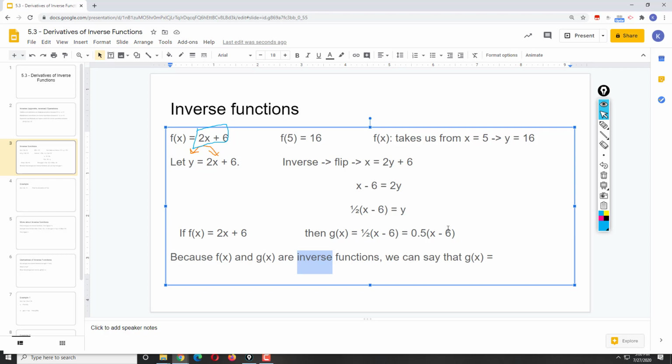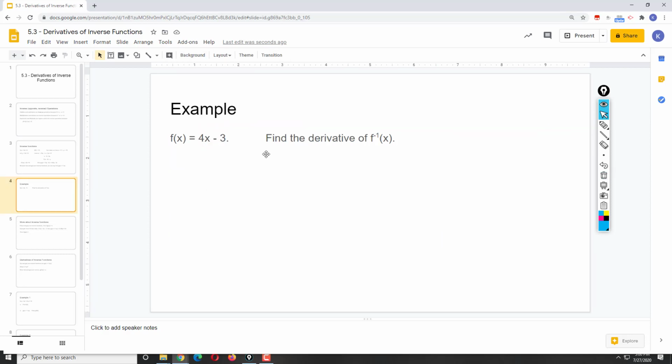Because f of x and g of x are inverse, the way we write it is we can say g of x is f negative 1 of x. This is not an exponent. This just means inverse. The negative 1 here means inverse. So that's inverse functions.